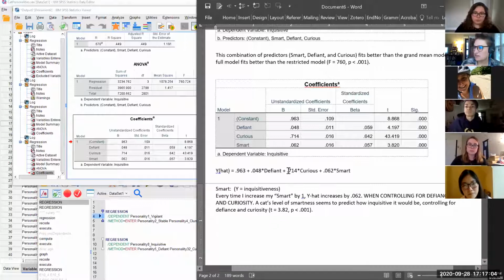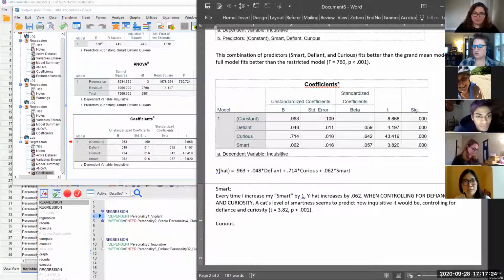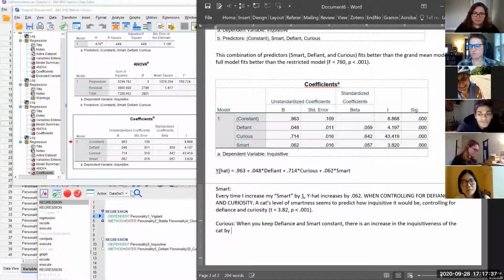Okay, is there a group that did curious and feels really good about it and feels like sharing it? Yes. All right, Shantanu, you're up. Tell us about curious. Well, when you keep defiant and smart constant, then there is an increase in the inquisitiveness of the cat by 0.714 as predicted by how curious it is.